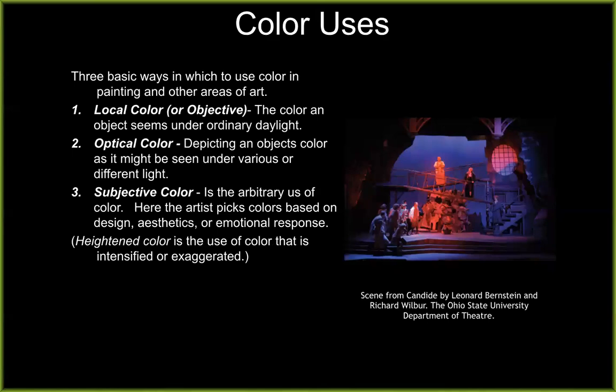So if you're creating a composition and you want to create a sense that it's evening, you may go towards the cooler colors and have white that has a tinge of blue in it. And then subjective color is the arbitrary use of color. So here you would pick colors just based on the design or your own aesthetics or an emotional response that you are looking to create.